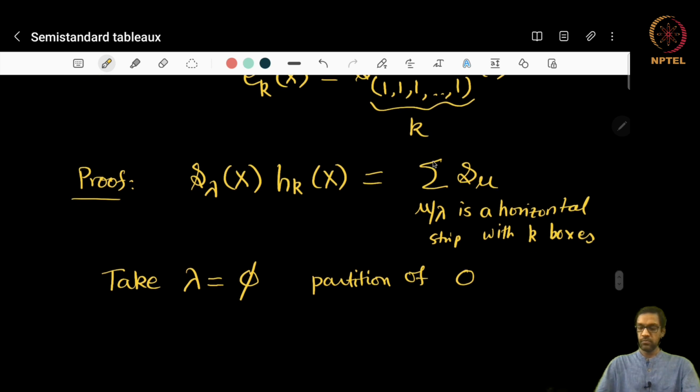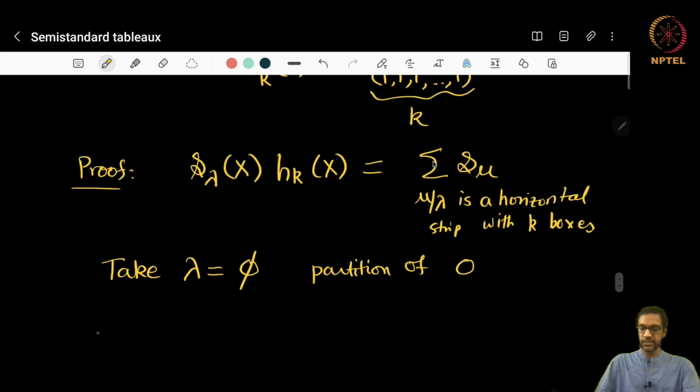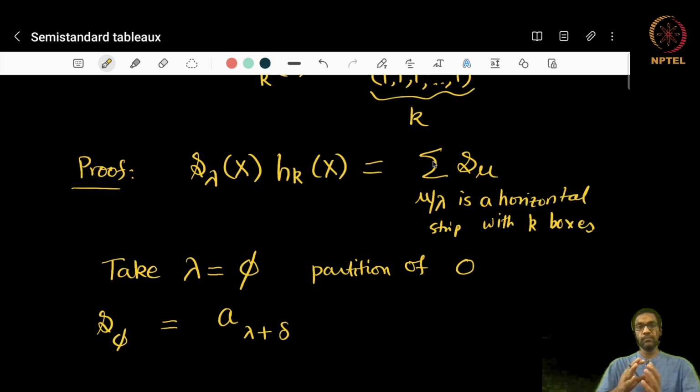Okay, now what does this imply? Let's just see what is the Schur function corresponding to the empty partition. By definition, you're supposed to do the following, right? It's a_{lambda plus delta}. So when you say it's the empty partition, what do you do? Recall whenever you have some n variables fixed, and your partition has fewer than n parts, what you're supposed to do is pad it with zeros, attach zeros at the end.